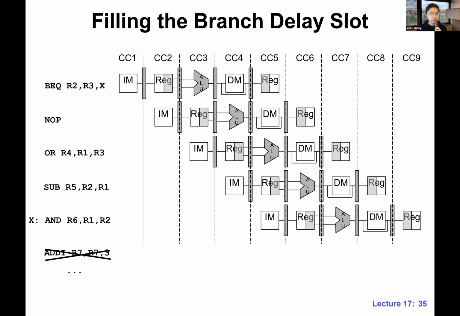Okay, but here's the question. Why don't we move X, why don't we move AND into the branch delay slot? It's also going to be executed regardless of the branching decision, right?